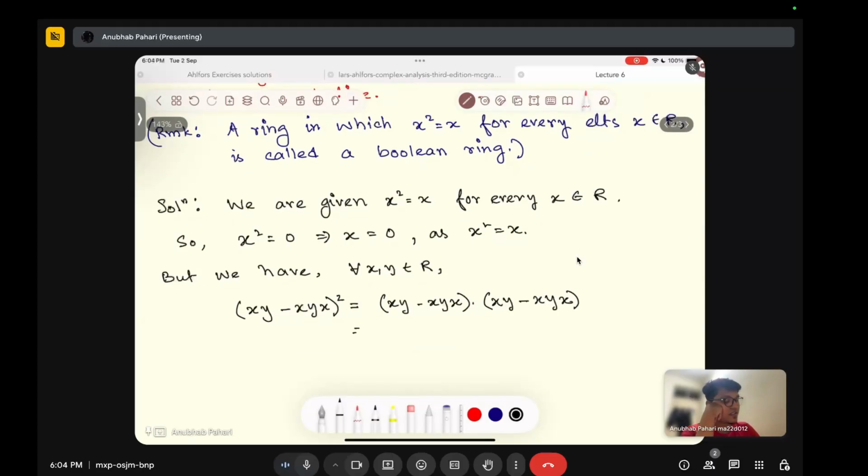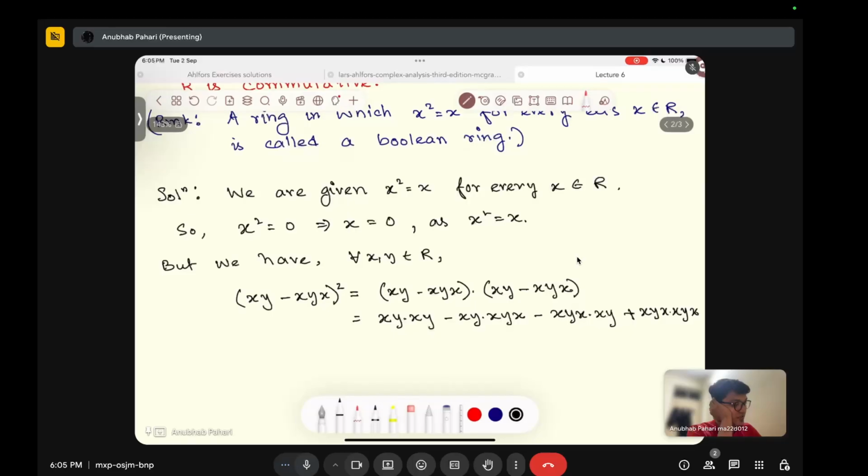So this would imply that xy dot xy minus xy dot xyx minus xyx dot xy plus xyx dot xyx, and this xx in the middle implies x square, right? So this is x, and again here this x square equals x, and this equals to x.